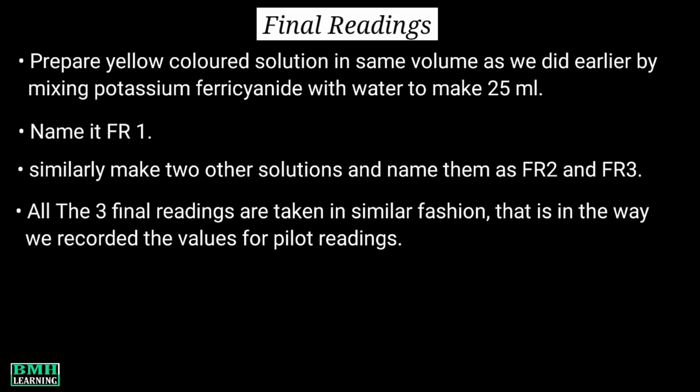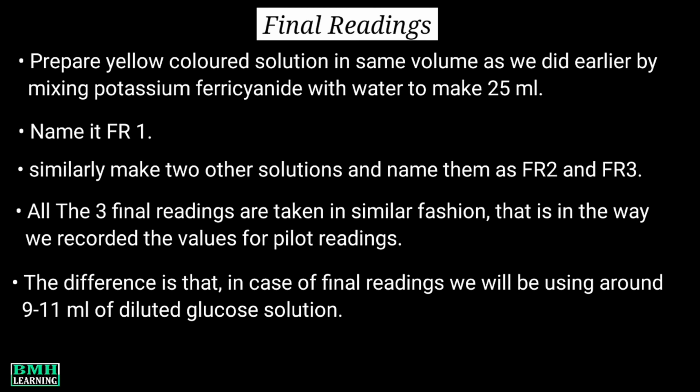All the 3 final readings are taken in a similar fashion, that is, in the way we recorded the values for pilot readings. The difference is that in the case of final readings, we will be using around 9 to 11 ml of diluted glucose solution with a 10 ml pipette.